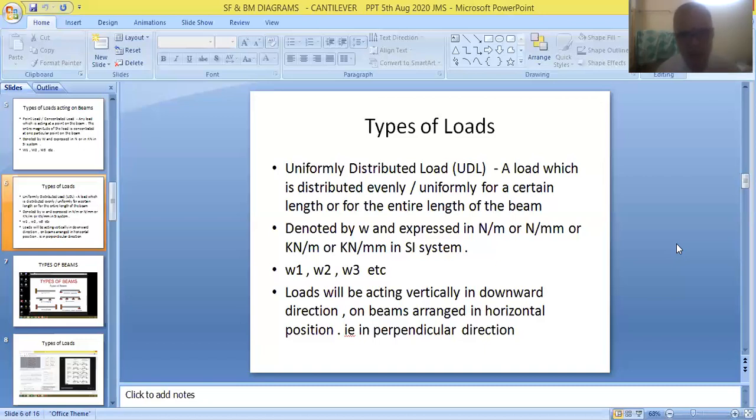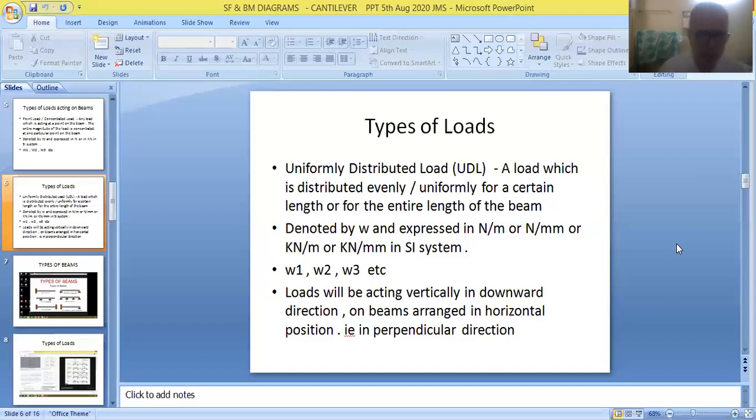We will take it as it is and do the calculations, SF and BM calculations. So there are 4 ways of indicating the units of UDLs: Newton per meter, Newton per millimeter, kilonewton per meter, or kilonewton per millimeter. In general, UDLs are expressed in any one of these units so far as the SI system is concerned.